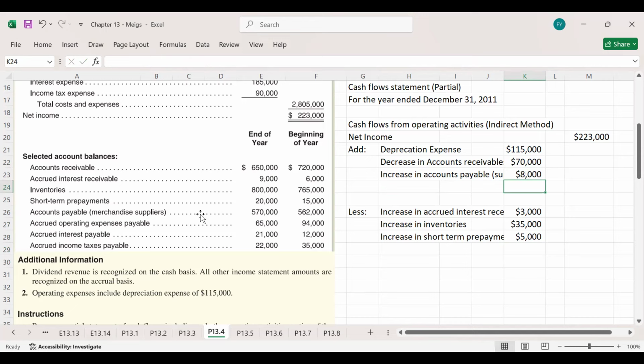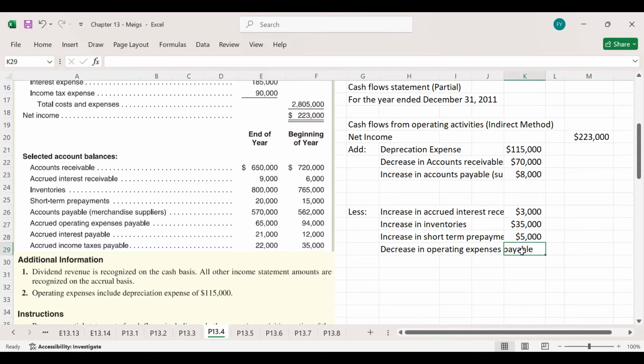Then we have accrued operating expenses from 94,000 to 65,000, meaning a decrease in payable. So cash will also be decreased. Decrease in operating expenses payable. And how much decrease? From 95,000 to 65,000? This means that 29,000 decrease.